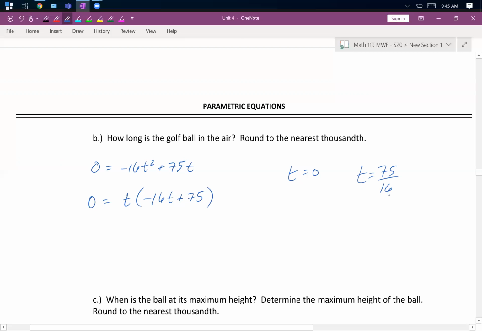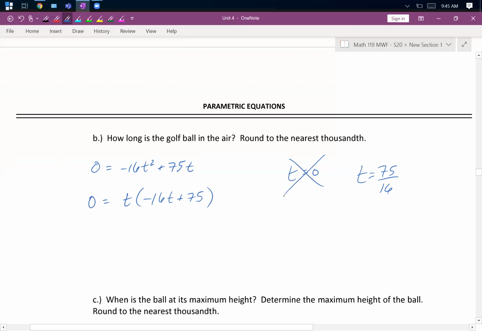Do both of these answers make sense for the context of our application? If I want to know how long it's in the air, does 0 make sense? No, because that's before I even hit it. So this one doesn't make sense.